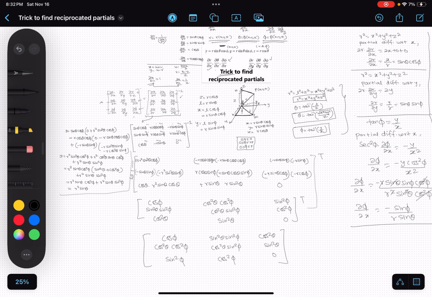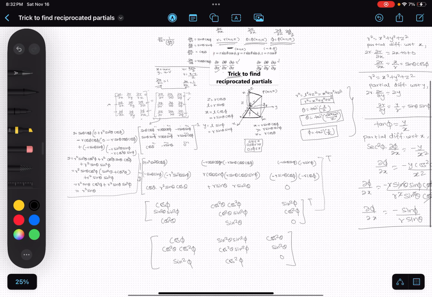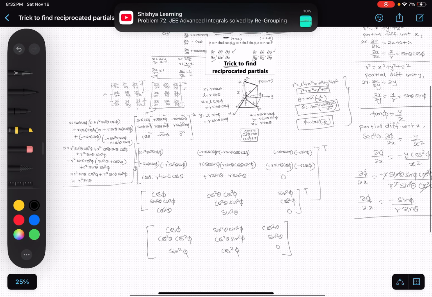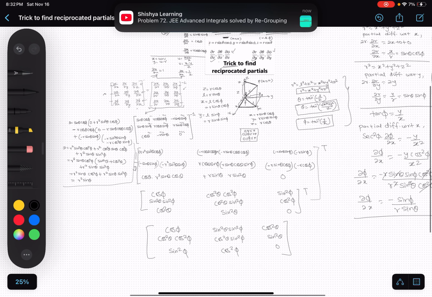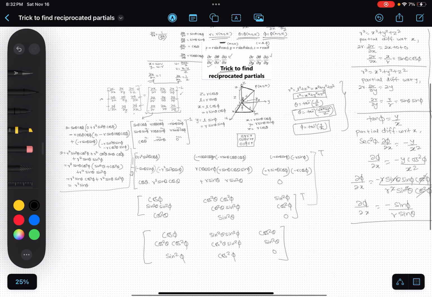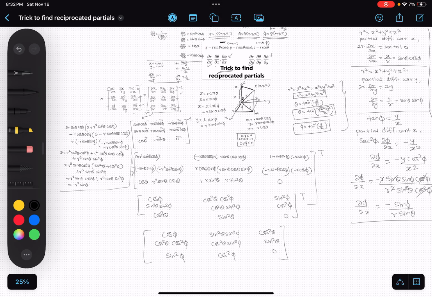Guys, it should match. I don't know. If it's not matching, that's not my fault. I don't know whose fault it is. Guys, was there r cube instead? Yeah, this should work. I don't know.